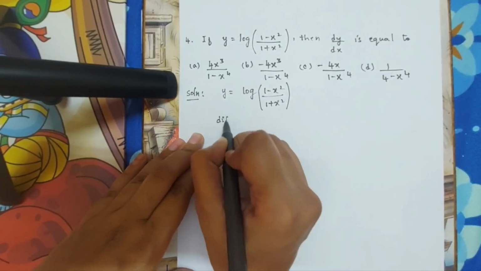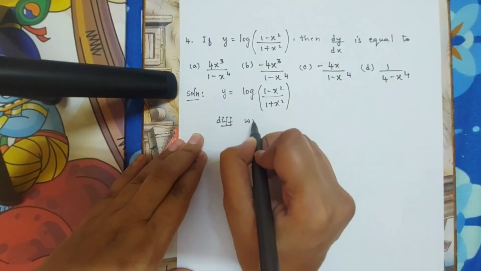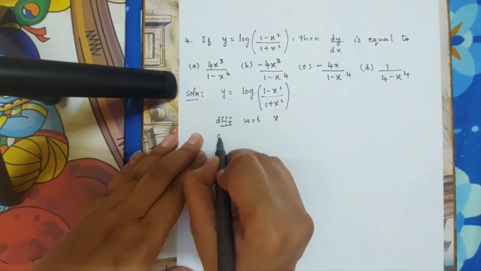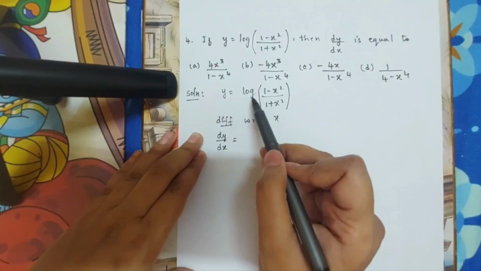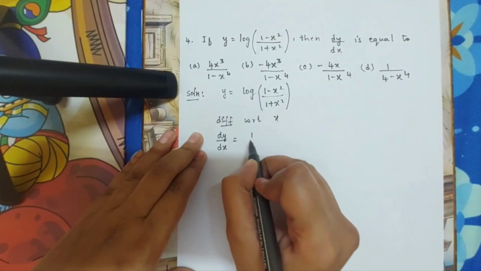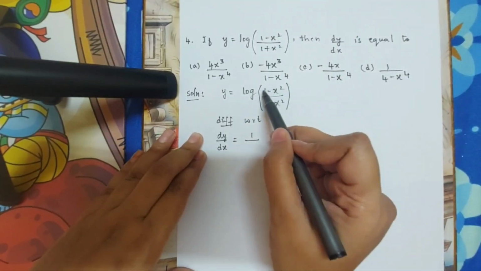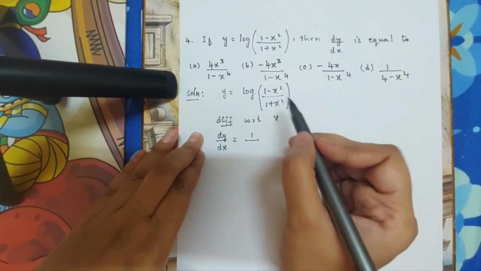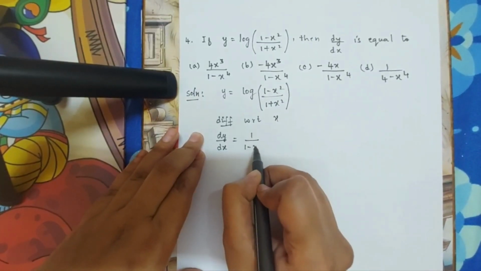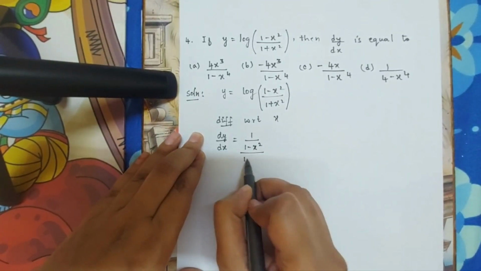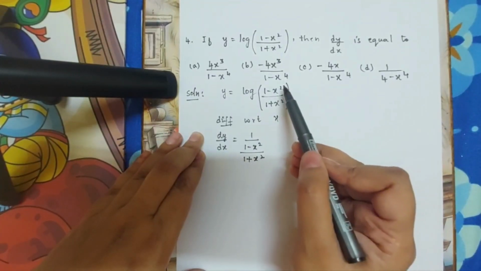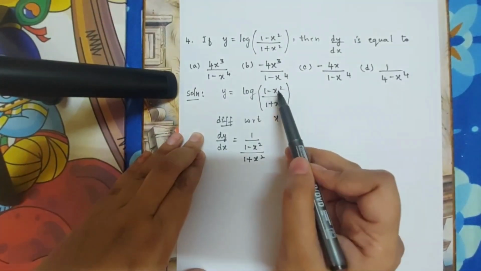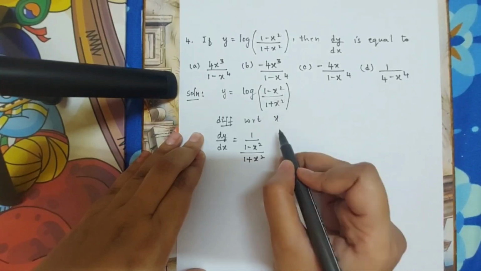Differentiating with respect to x, dy by dx will be equal to, the differential of log x is 1 divided by x. So we will be considering this whole function as x. So 1 divided by (1 minus x square) divided by (1 plus x square). Since this is something else other than x, we will be differentiating this also.